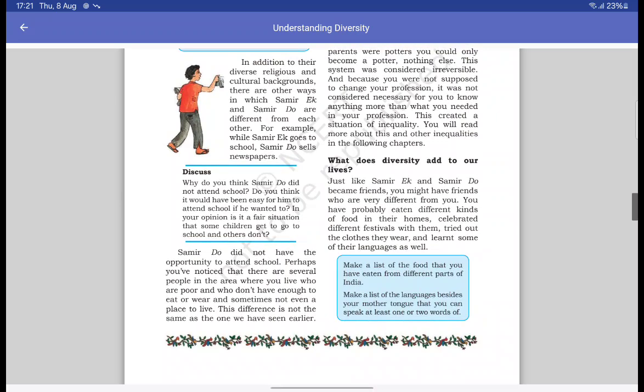Let's say that there is a doctor and then his son is also a doctor, but they are not doing very well financially. Maybe they are not really good doctors. Maybe his son wasn't really interested in medicine, but due to this system he was forced to become a doctor, and that's why he couldn't do well, and he just set up a small private clinic, and he isn't earning much. So maybe his son is born, and then he sees that his family is poor and they're not able to do well, so he wants to earn more money.